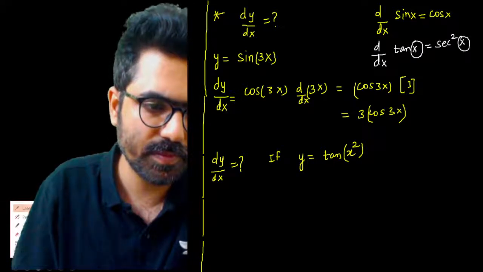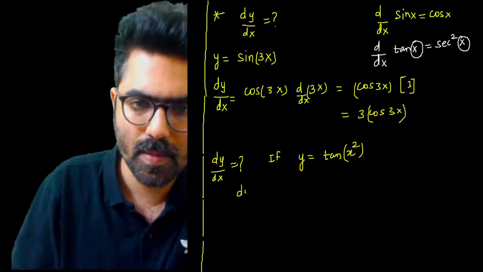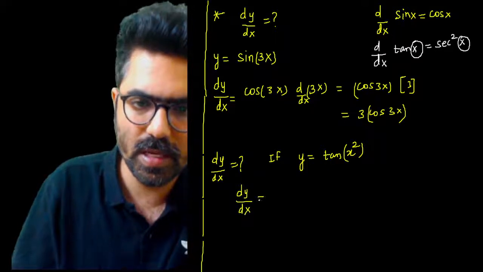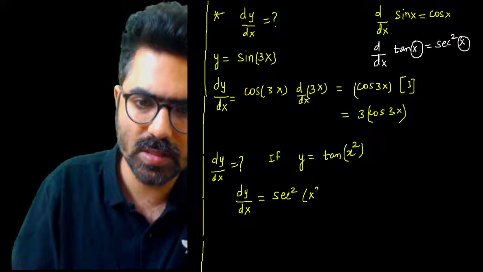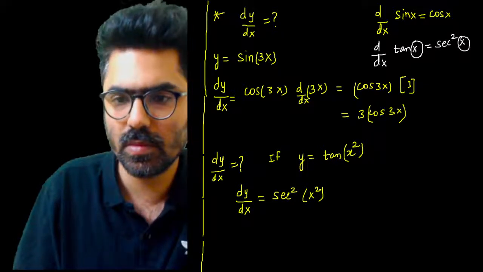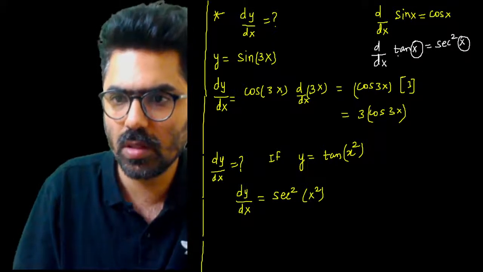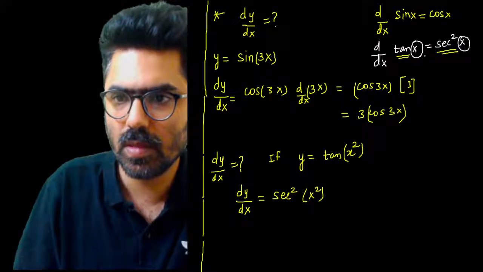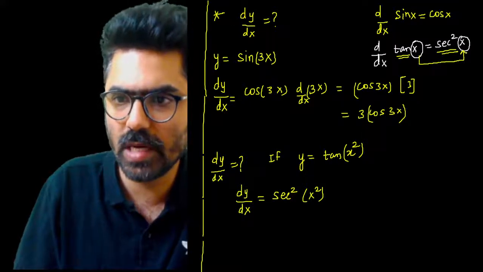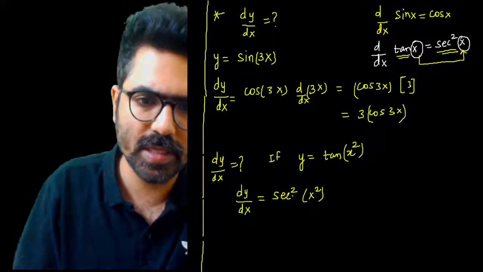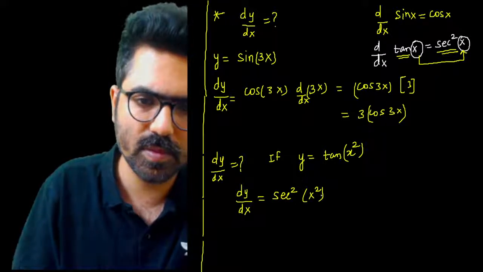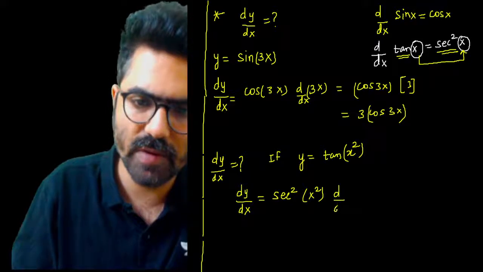Let's do it. dy by dx. Derivative of tan is sec square. Inside we'll write the same thing, x square. Whatever is written inside, we have copied that part here. Similarly, sec square of x square, into now the derivative of x square.